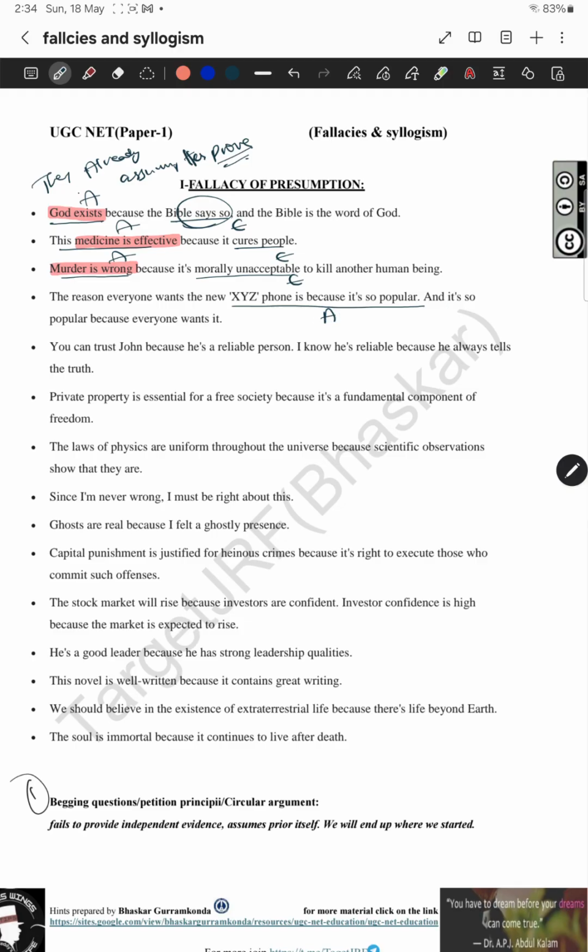This is assumed, and it is popular because the explanation is given back. Are you understanding this? Here also, now you can say what is the assumption. He is a reliable person, already done. Private property is essential, already done. Law of physics is uniform, already assumed. When you assume something, we call it begging the question. Okay.